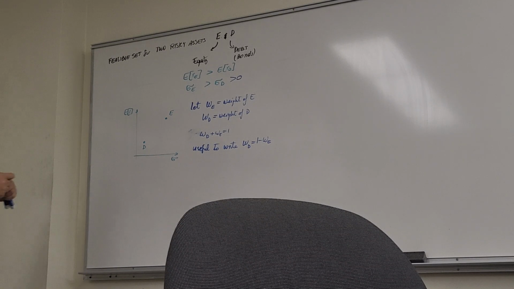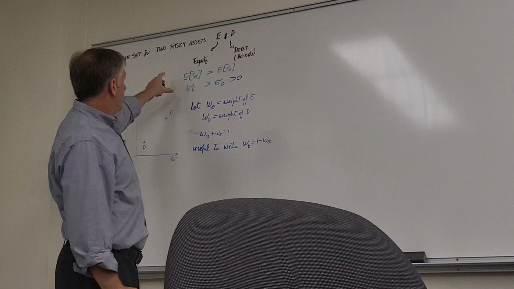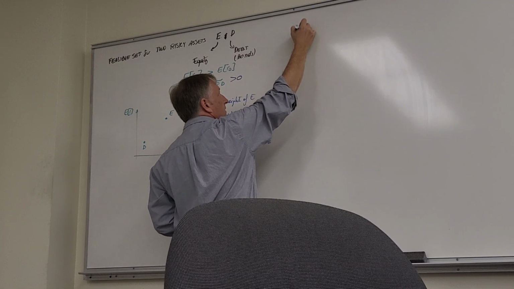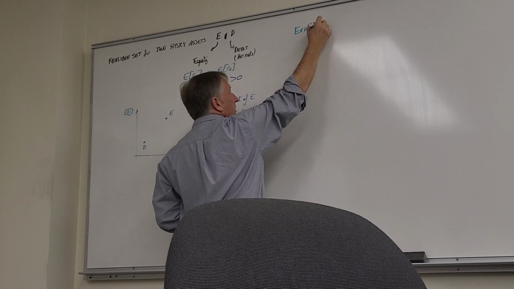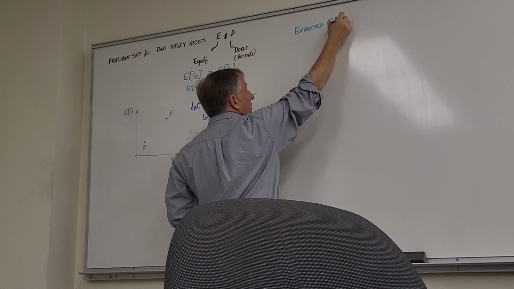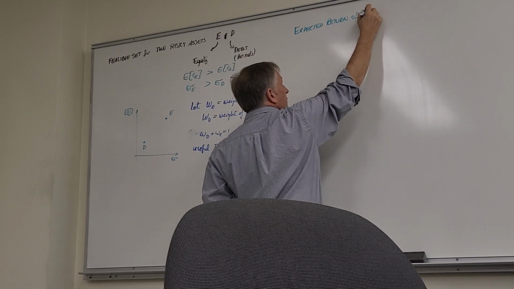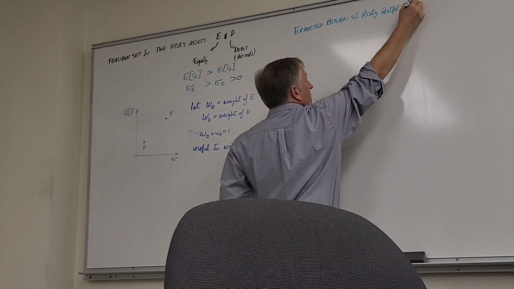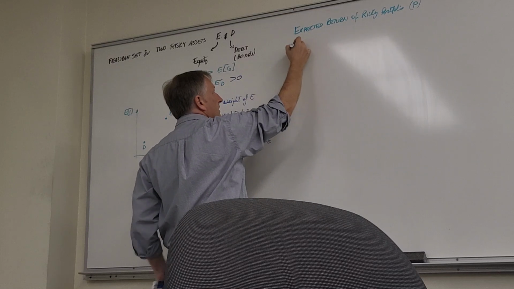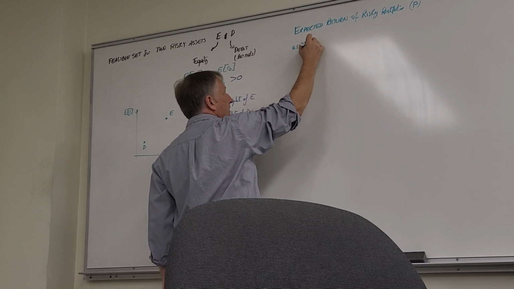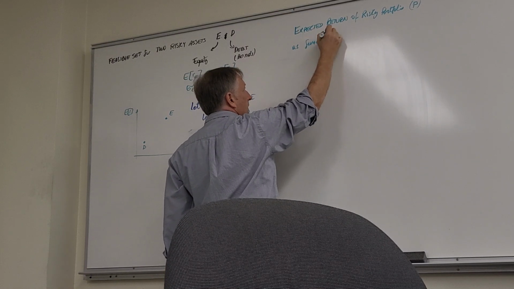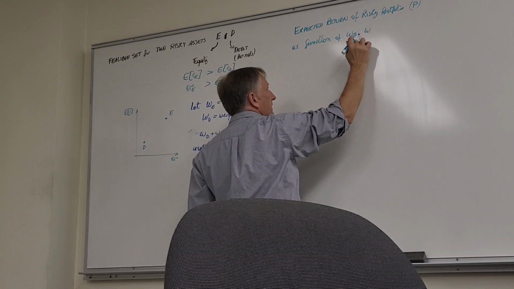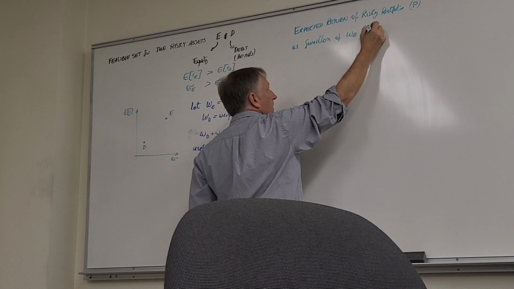Thanks. So let's see what happens to the relationship between expected return of a risky portfolio, let's call it P, as a function of the weight of equity and implicitly the weight of debt.